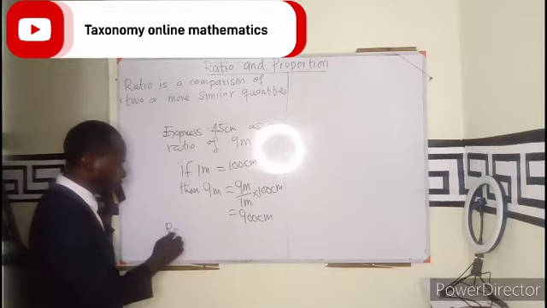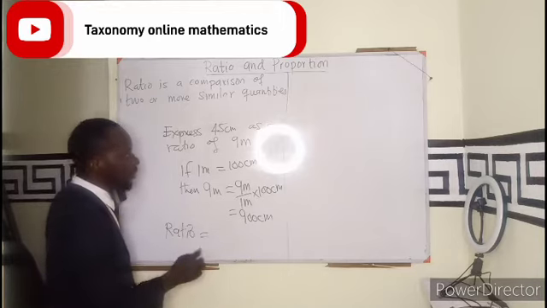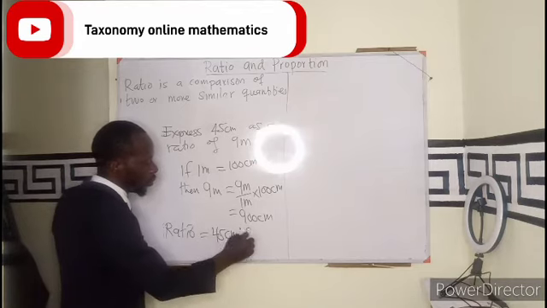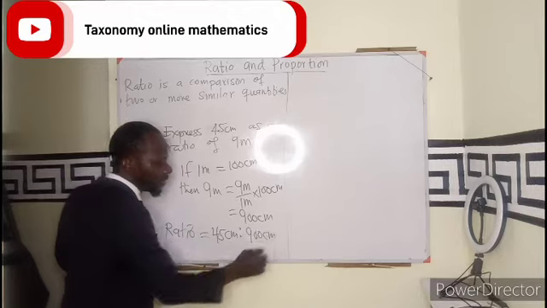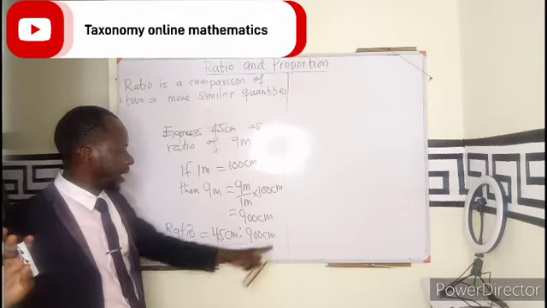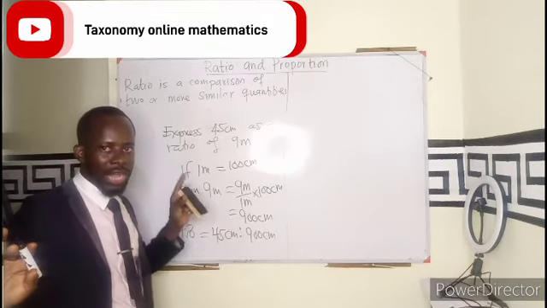So our ratio is going to be 45 centimeter is to 900 centimeter. They are the same unit, so the unit will cancel out.